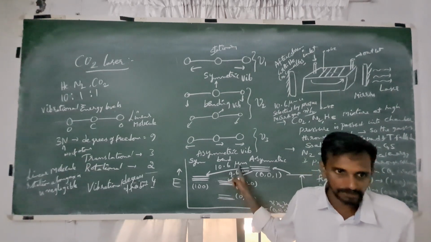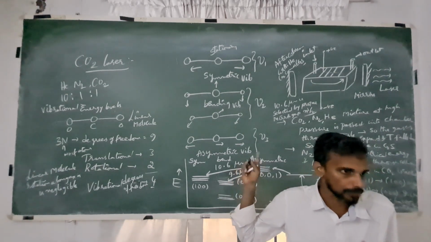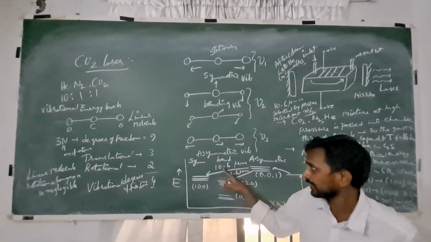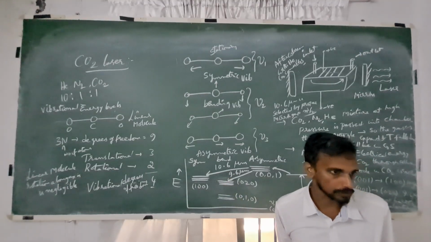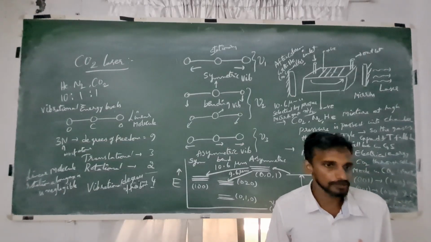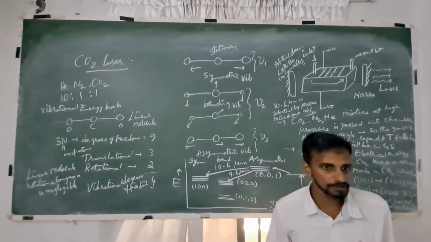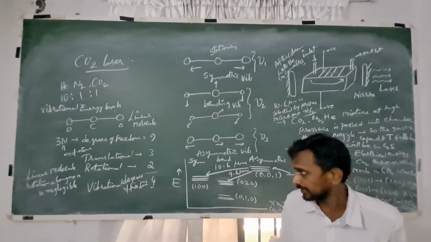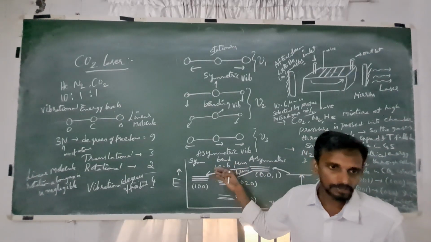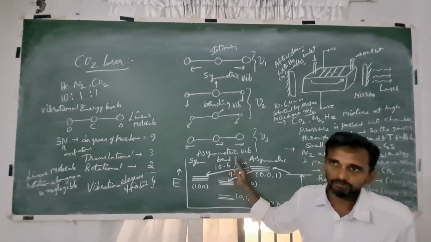Micrometer is 10 power minus 6, angstrom is 10 power minus 10, so you add 4 more zeros. It is 10,600 angstroms, so it is far infrared region. 7,000 is visible red. Beyond that is infrared, sorry, near infrared region. So these are the vibrational energy levels.